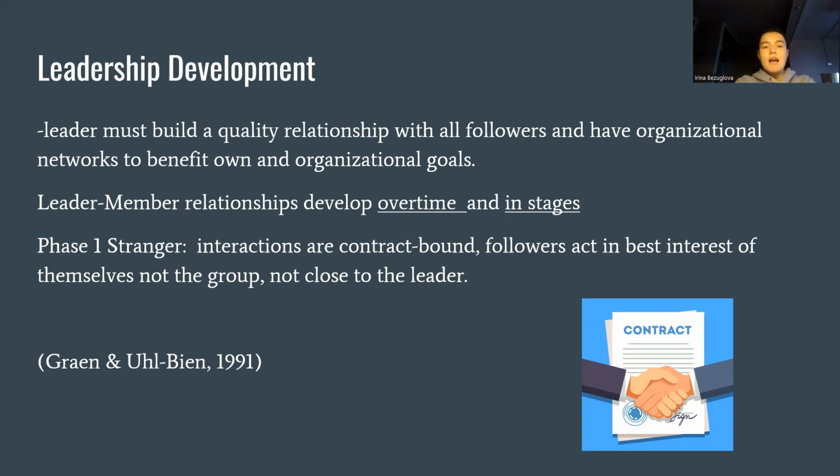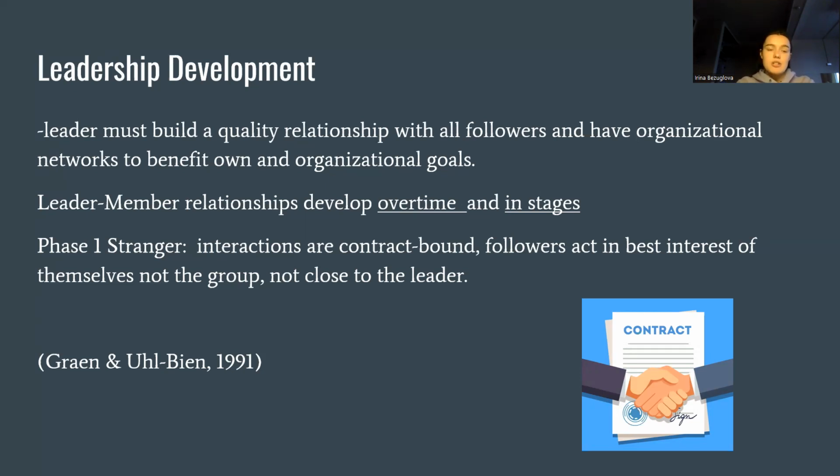So this means that not only do leaders have to have quality relationships with the people in their departments, the in and the out groups, they also have to have good networks outside of their departments. And then the way they explain it is in the process of relationship development, and that happens over time in stages.